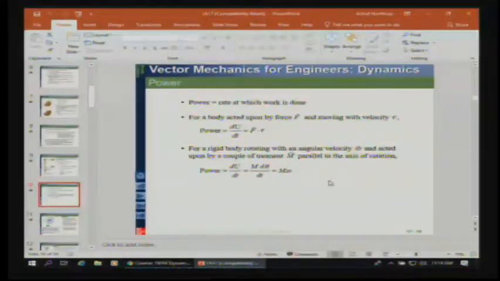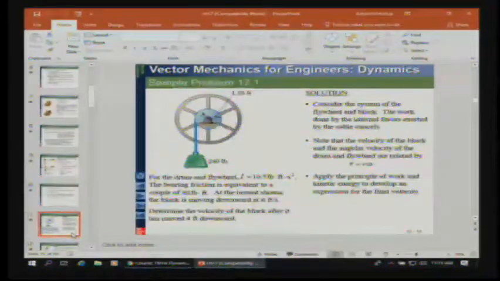It's also a moment, as in the moment of a couple, times omega, or that rotational velocity expressed in radians per second. All right, so I think I'll just do 2 sample problems with you today, or go through the ideas with you.